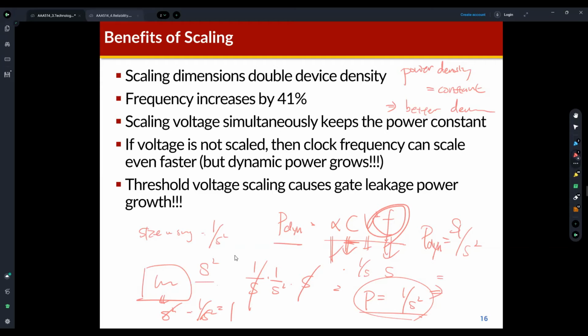You can use a more powerful processor. So that is the benefit of scaling, and this trend is called Dennard scaling. Okay, Dennard scaling. Dennard is the name of the researcher, and he published a paper that explains the benefits of scaling.